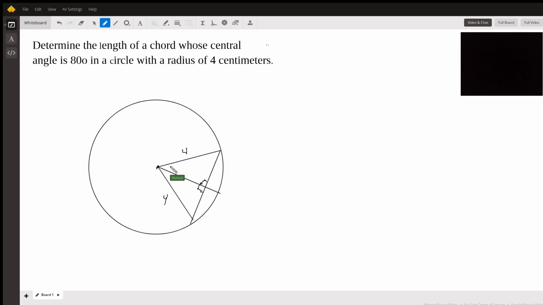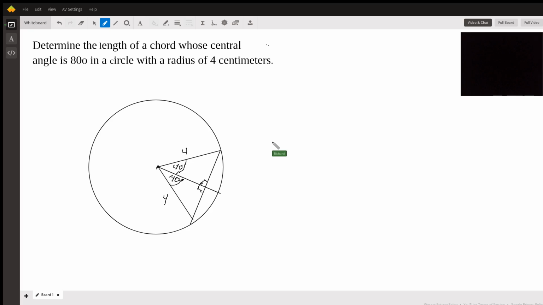And the central angle is 80, and so because these two triangles are congruent, although they don't look it on my diagram, they look almost congruent, I guess, that's going to be 40 and 40 for these two angles here.